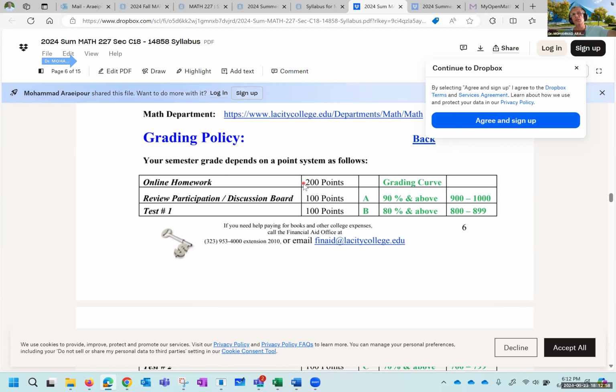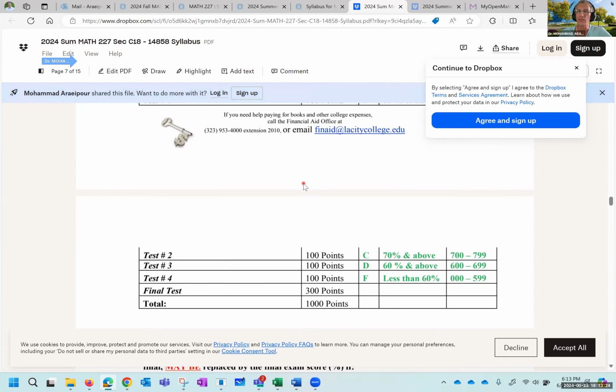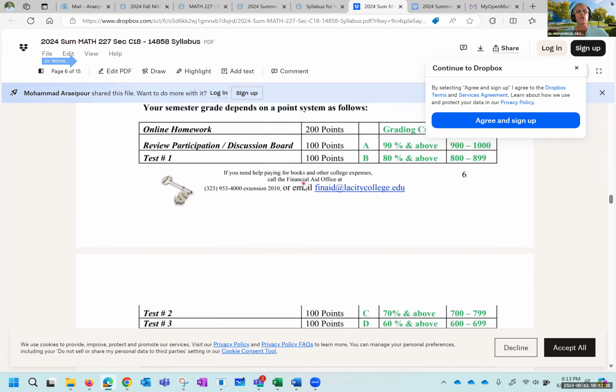And when you start a homework, you don't have to finish it in one setting, okay? As soon as you enter your answer, it will be registered. So you get credit for that question, and then you move on. So if you just did 2 questions and you leave and come back, you already have the credit for those 2 questions. You move on to the 3rd question. As long as it's done before the due date, you get full credit.